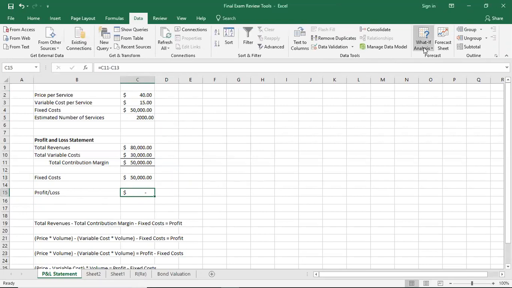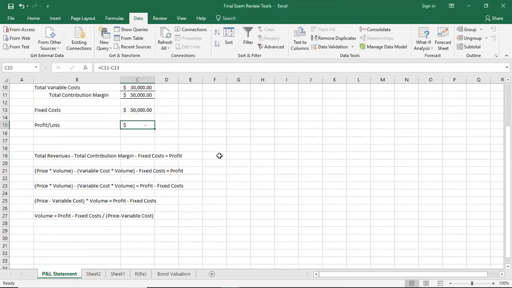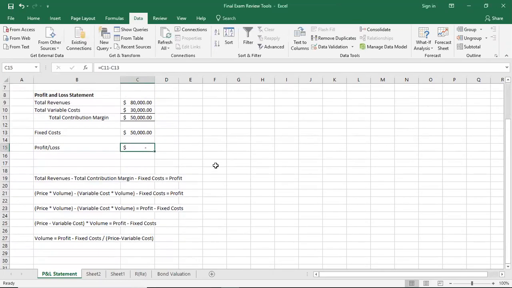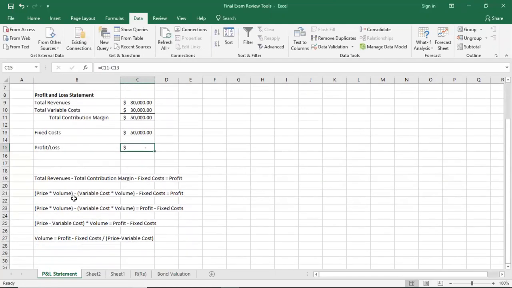So once again, I'll go over that one more time real quick. Goal seek. Sorry, one second. I've been doing it with the equation. If we're doing it with the equation, basically you have to use the volume and times that by your P. So you would use 2,000 times P minus the variable cost, because you have the volume. If we're trying to do it for that, then the price is the variable that is unknown, and the volume will be a known variable at this point.